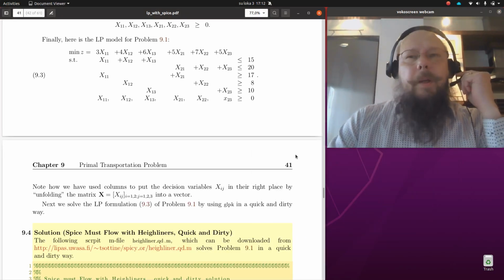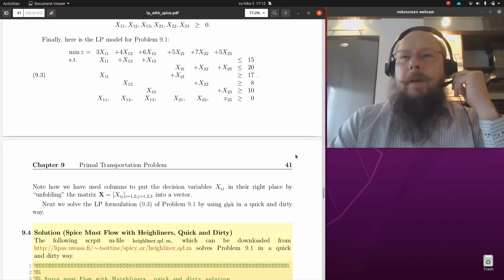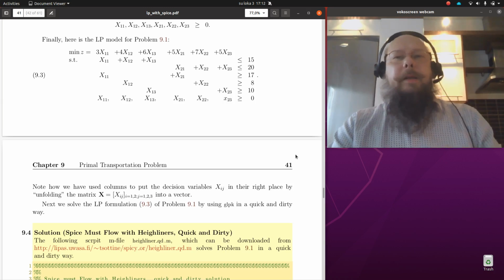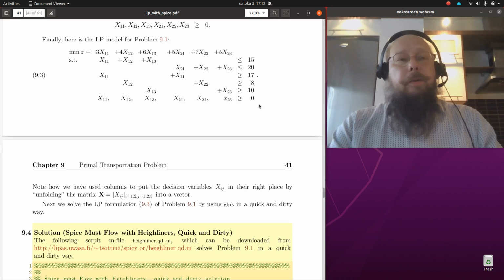Okay, welcome back to Operations Research, and we are now transforming a transportation problem into a nail so we can hit it with an LP hammer. And we actually found out the LP formulation. It was like this.